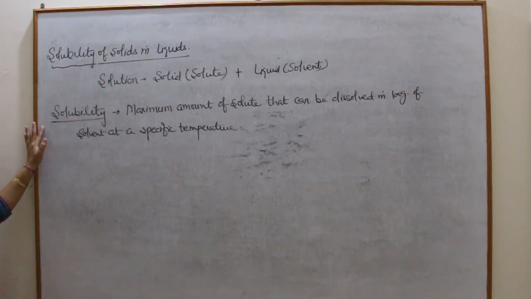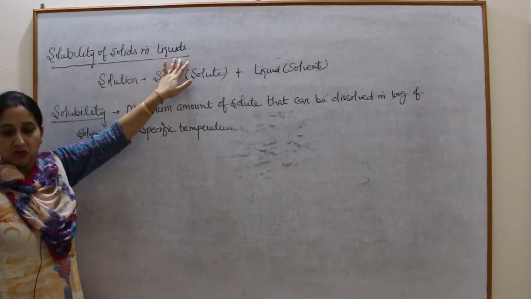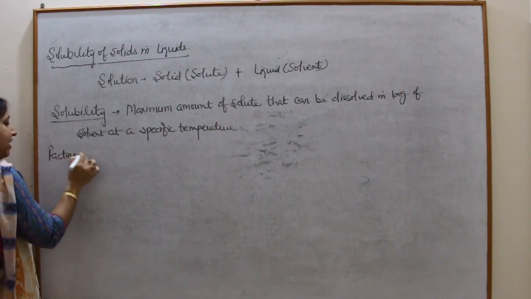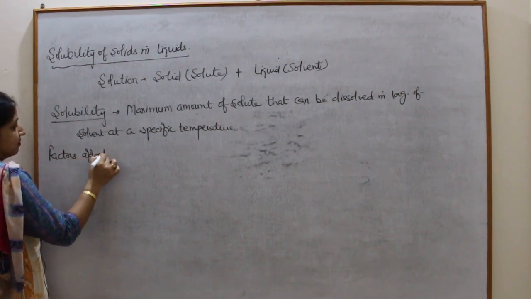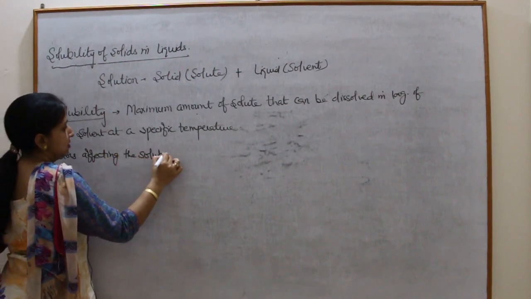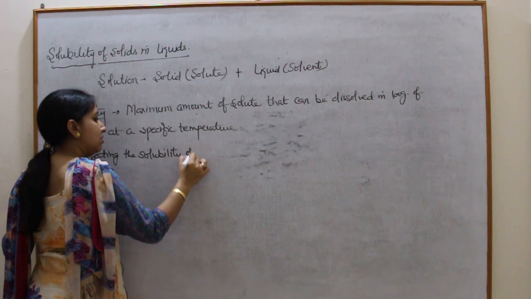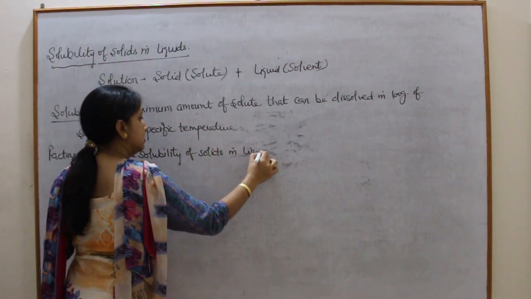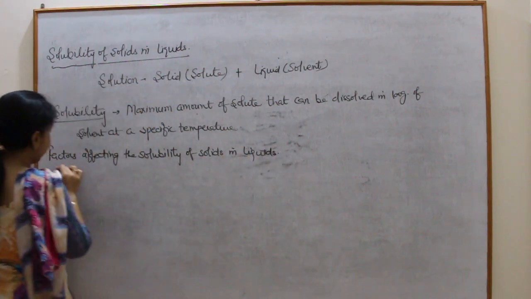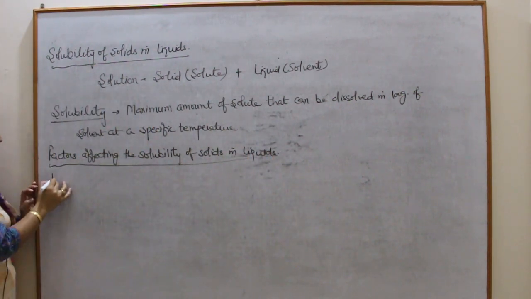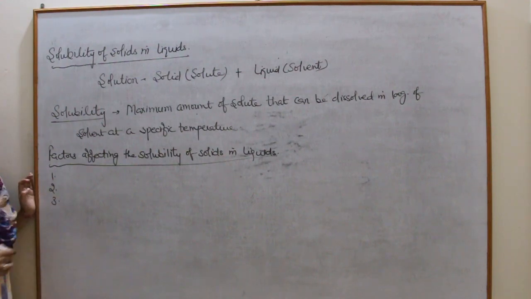So there are some factors on which solubility of any solid in liquid depends. So next topic is factors affecting the solubility of solids in liquids. There are mainly three factors which affect the solubility of solid in liquid.